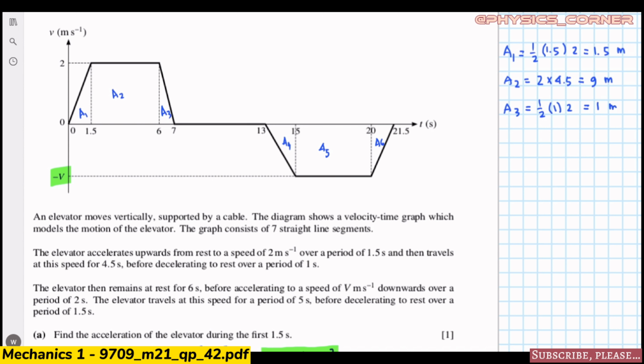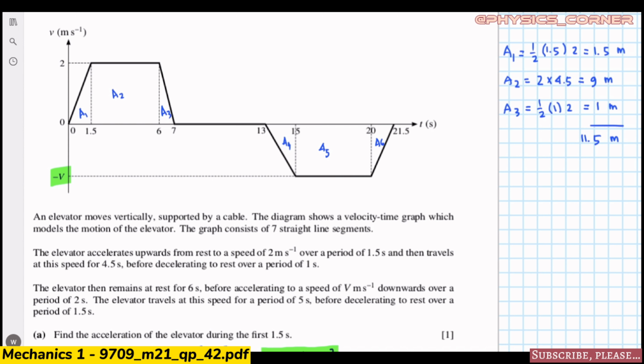So the total area, or distance, or height of this elevator, equals 11.5 meters. This is the same as areas 4, 5, and 6.